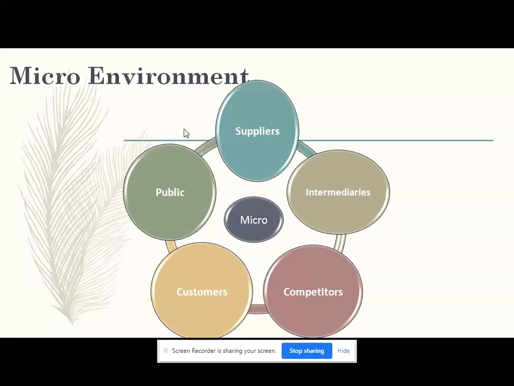The purpose is to create a customer, right? So the business enterprise aims to earn profit through serving customer demand. It now thinks more in terms of profitable sales rather than sales volume for its own sake. Today, marketing of a firm begins and ends with the customers. That we have seen in the previous chapter. Marketing begins with the customers and also ends with the customers.